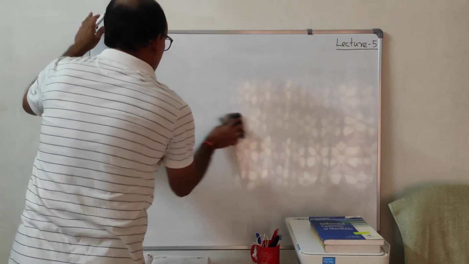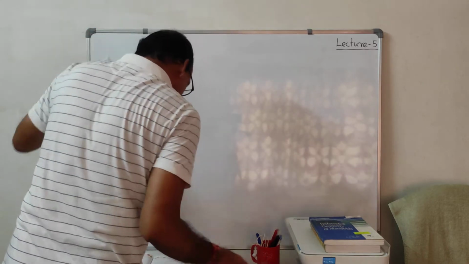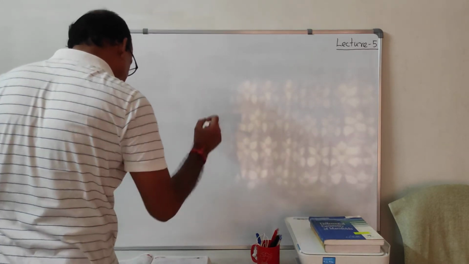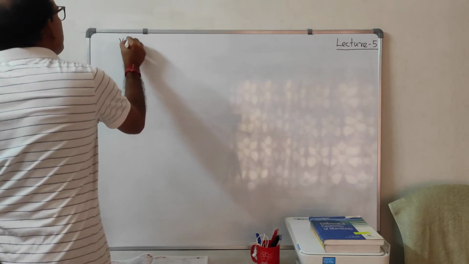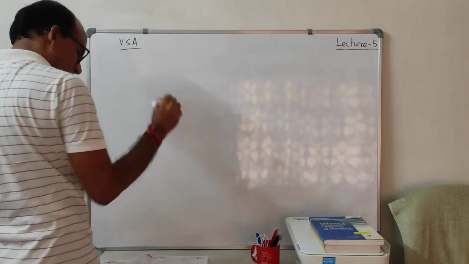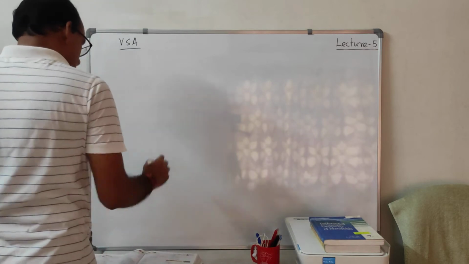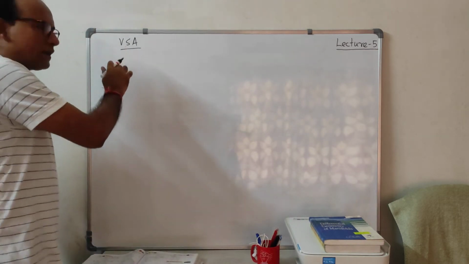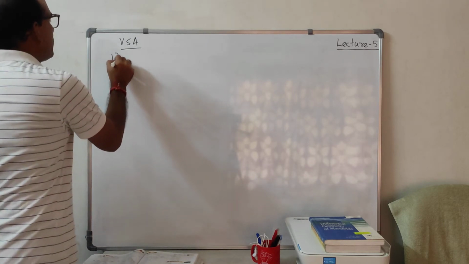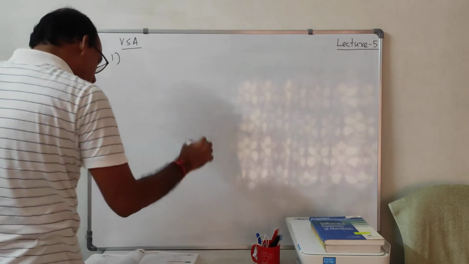Okay. So, our first problem is from the very short answer type questions, VSA type. It is in number 4. I do not mention the number here. I am just mentioning serial numbers 1, 2, 3, 4.